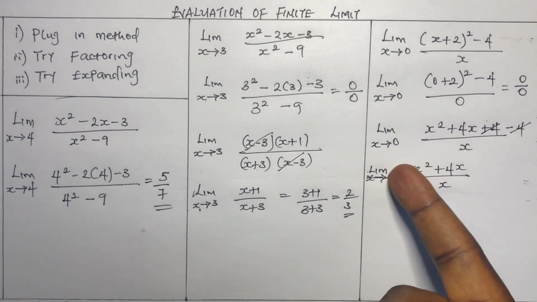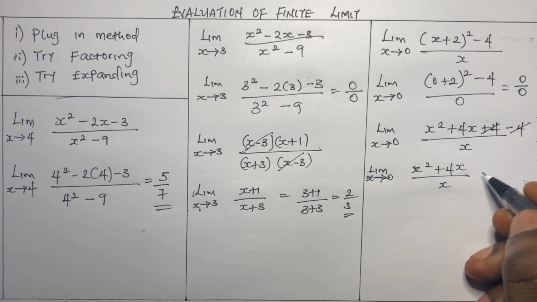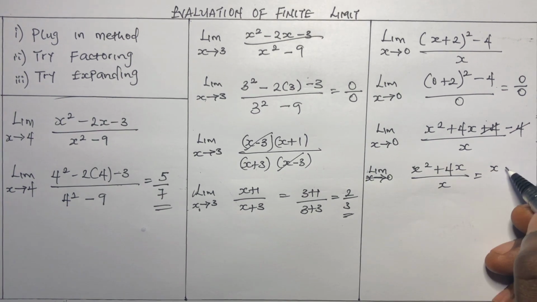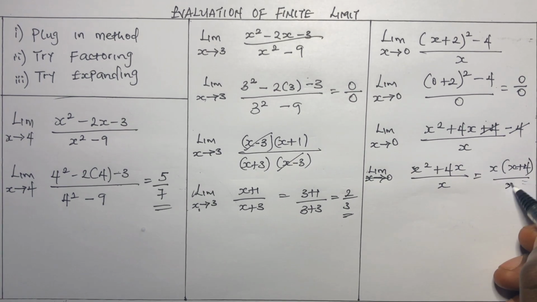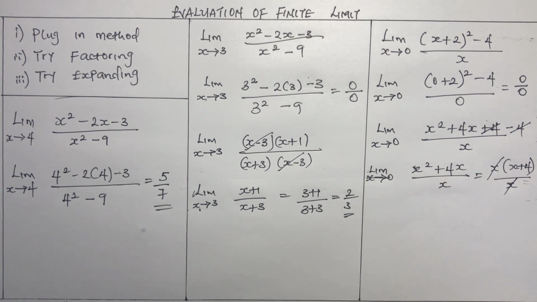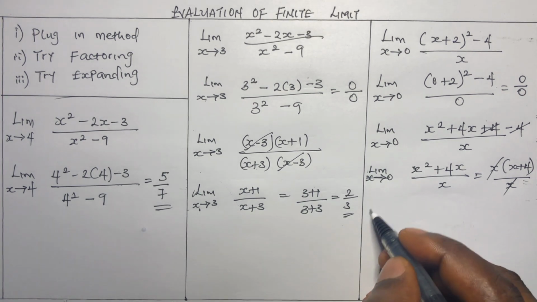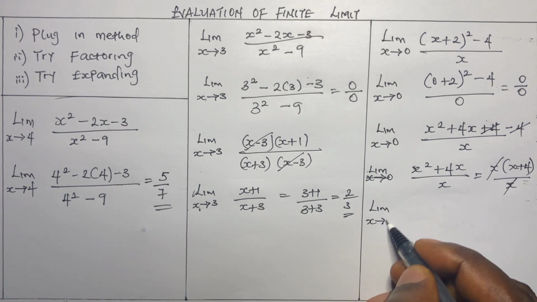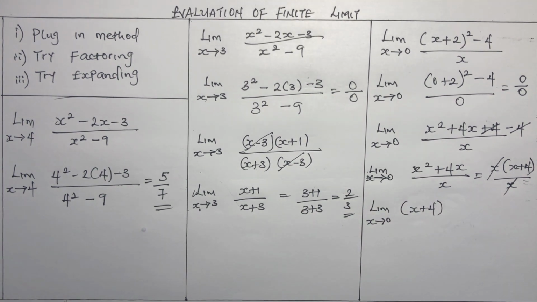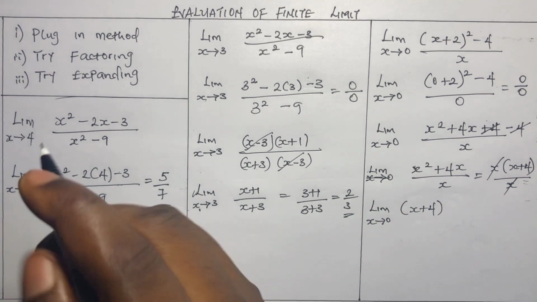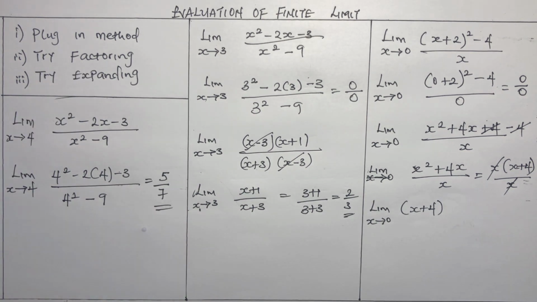Right, so we can factor out x from this, and we have x times (x plus 4), all divided by x. Now x cancels x, and we are left with the limit as x tends to 0 of x plus 4. Now let's also apply the plug-in method to see if we can obtain the limit, as against what we had from the very beginning.